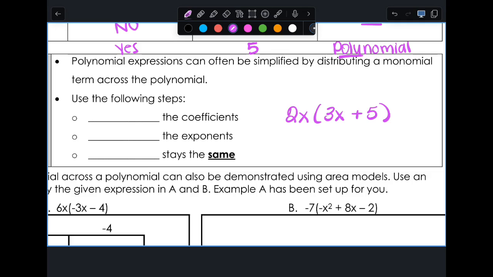Okay? Just a random example. You have a term in front of the parentheses letting you know that you must distribute. You must multiply, right? When you do that, say we're multiplying this 2x and the 3x, what you're actually multiplying is the 2 times the 3, which is 6. So we're multiplying the coefficients.